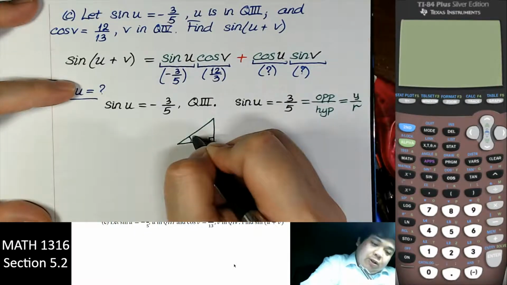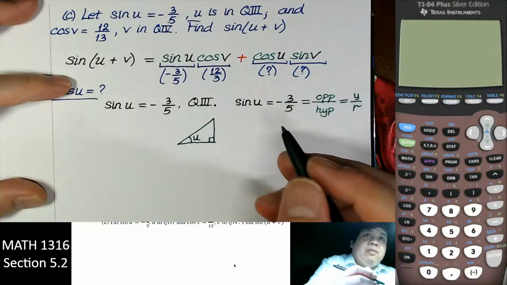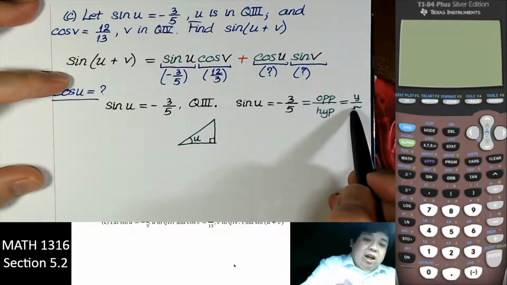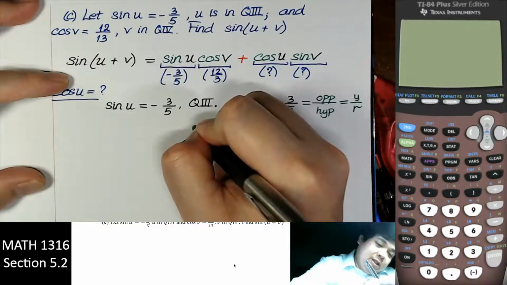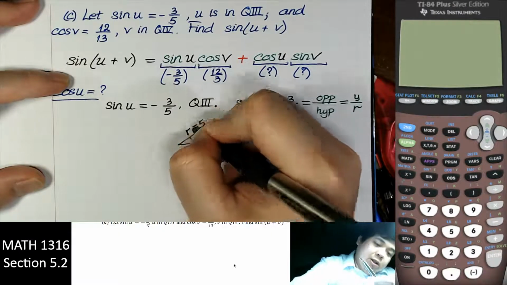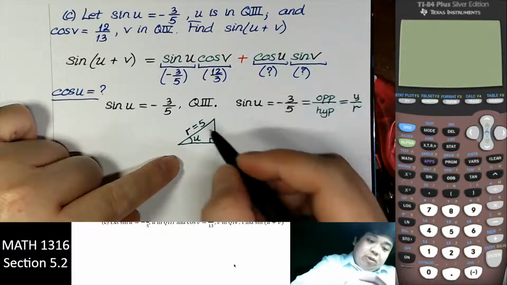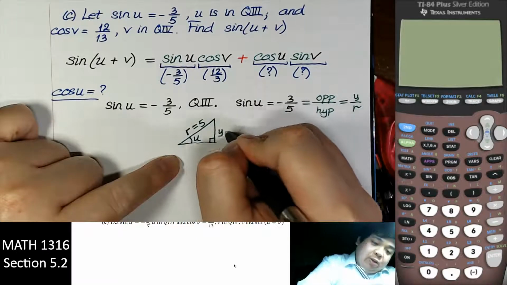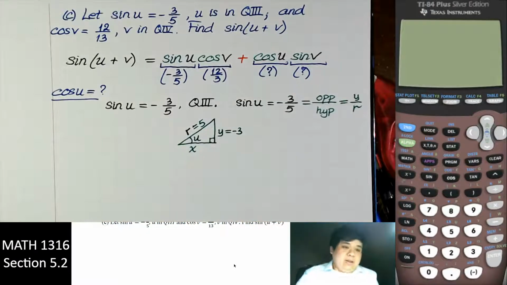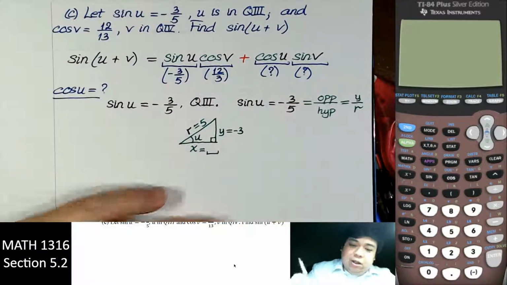The angle is u. Opposite over hypotenuse, or r. So from here, r cannot be negative, so we say r is equal to 5. So hypotenuse is equal to 5. And then opposite has to be negative 3, so y is equal to negative 3. We just need to find x. Right.